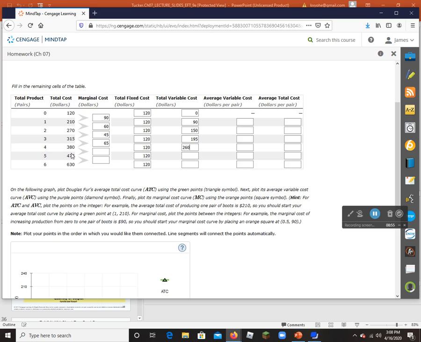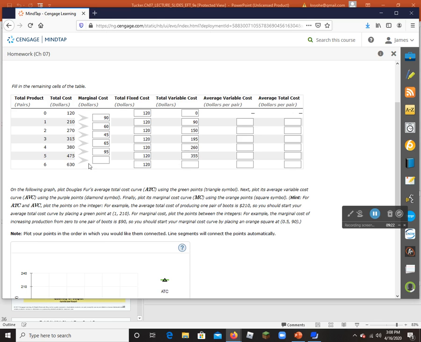To go from 4 to 5 units of output, that is $95, the difference there. 475 minus 380 is 95. $475 in total cost, minus the 120 in fixed. What's left over are total variable costs, and those are going to come in here at $355.